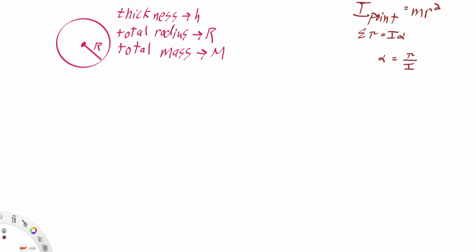So if this disk is actually made up of a whole bunch of little point masses, we know how to deal with each individual point mass. The question is, how do we add up infinite point masses? How do we add infinite things, people? That's exactly right. That is what calculus was made to do.